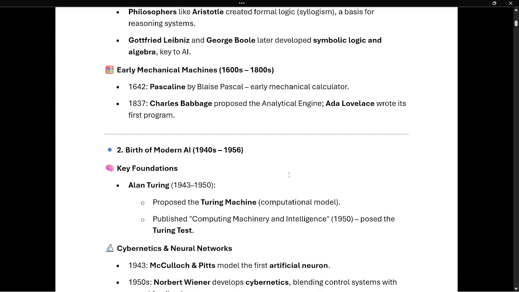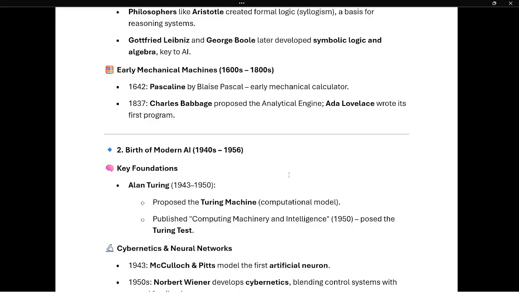Then the birth of modern AI started from 1940 to 1956 with Alan Turing. Alan Turing proposed a computational model, also called the Turing machine. We will understand what the Turing machine is and the Turing hypothesis.